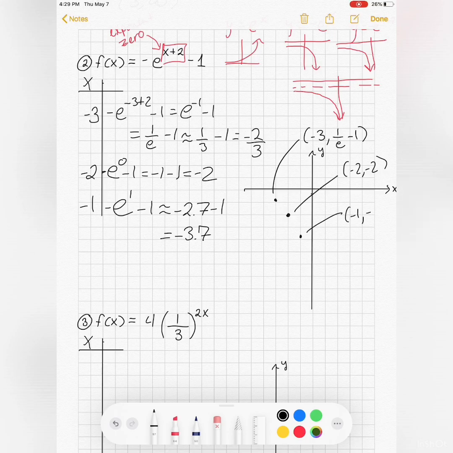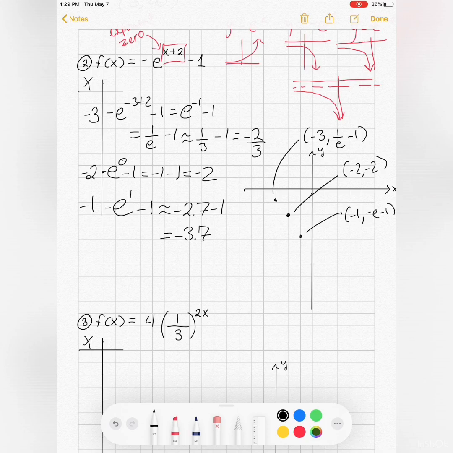It's -1, -e minus 1. And then I need to put the horizontal asymptote, and I lost a negative.